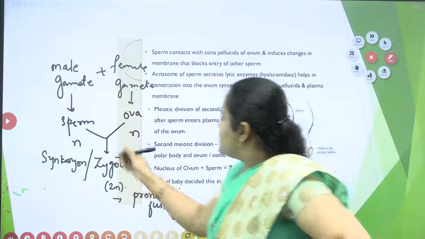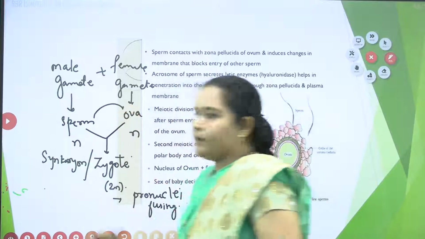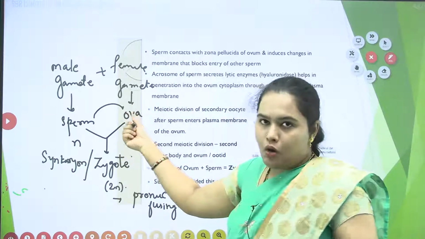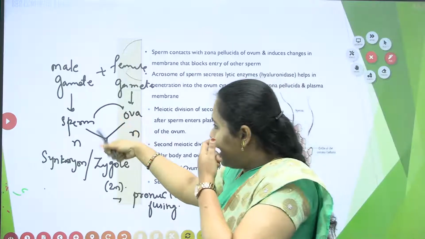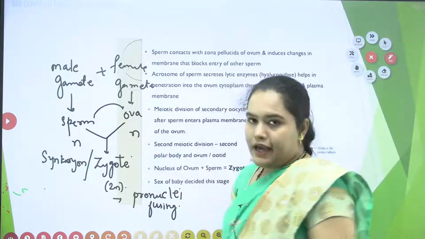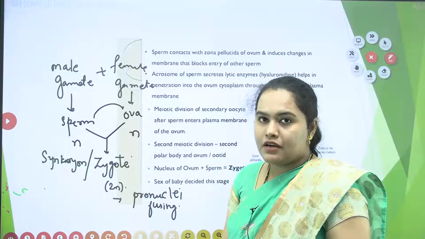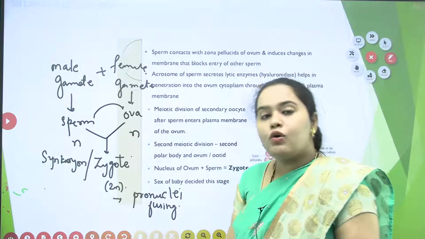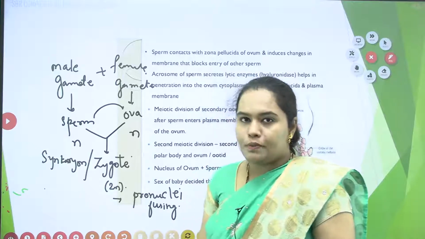The sperm has entered into the ova, we read just now. As soon as it enters, the pronuclei will start fusing, by the dissolution of the nuclear membrane. The chromosomes will be let free into the cytoplasm.